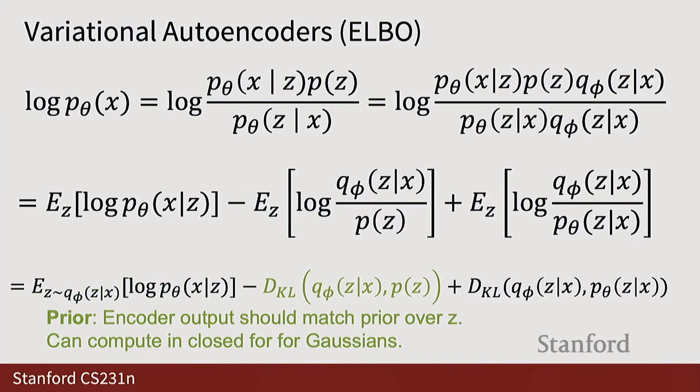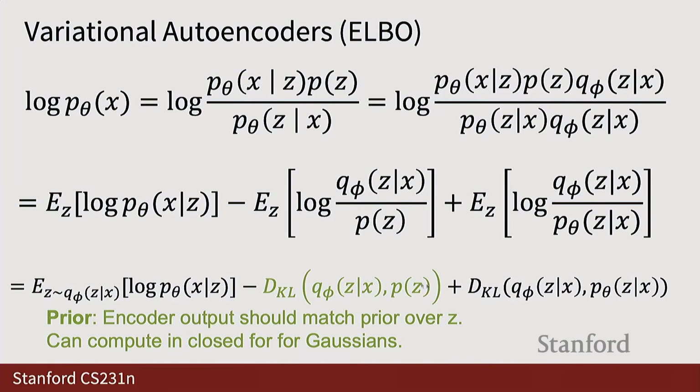The middle one is a prior term. This is measuring the KL divergence between q of z given x and p of z. Remember, q of z given x is the encoder inputting the data x and outputting a distribution over the latent space z. So this is the predicted distribution over the latent space of the encoder.